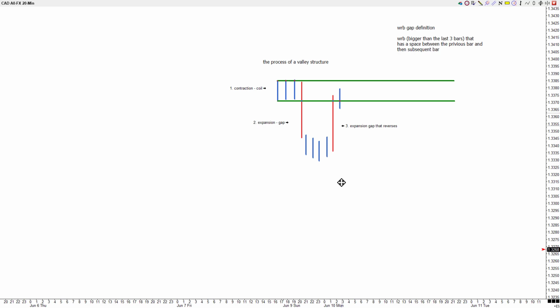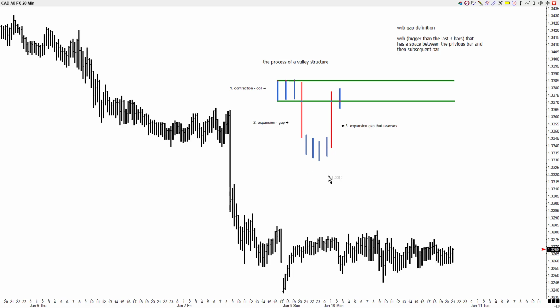All right, so now we understand something about the process. Remember, if it keeps going, it's not going to be a valley. So the minute it gaps, it's projecting a possible valley. All right, so from here, take my definition, look on the chart, and see if you can see a wide range bar gap. That looks something like this, right? Just look for the biggest, baddest, ugliest bar.